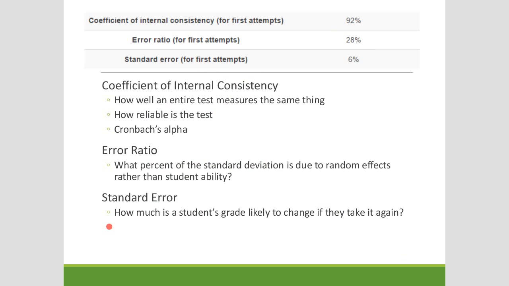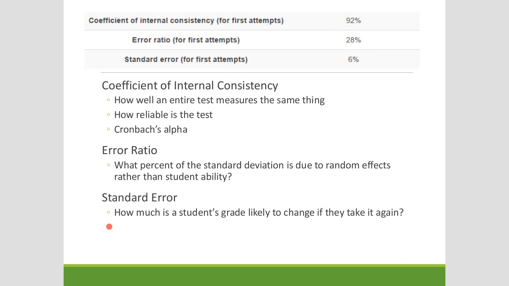The error ratio talks about how much of the standard deviation is due to random effects versus the student's ability. Remember, the standard deviation that we talked about before was how much spread is there in the data. So how much of the spread in student scores is based on the students having different ability levels, because we know the students are different from each other, and how much of it is due essentially to the test itself.